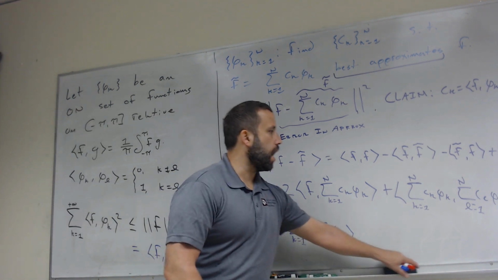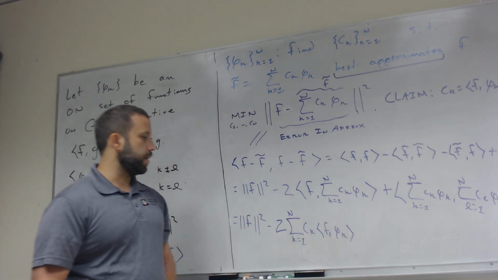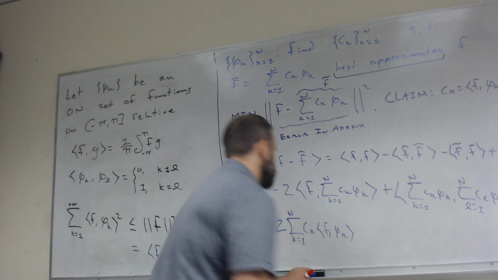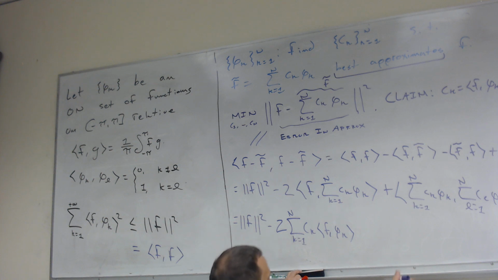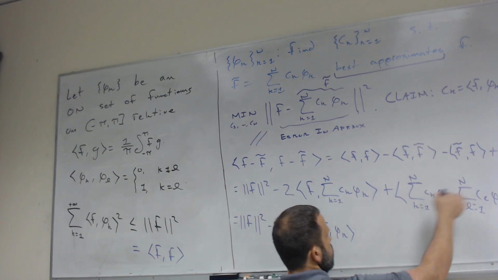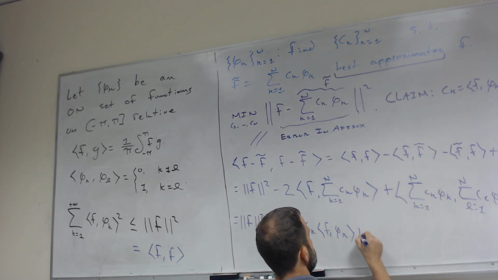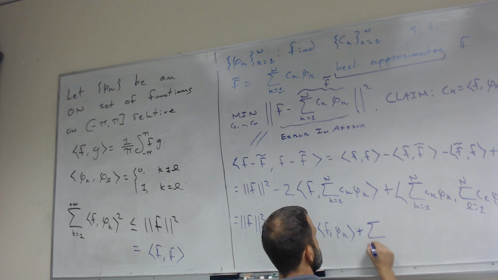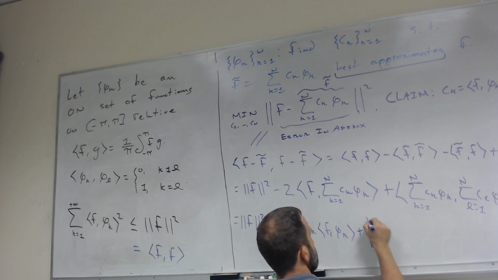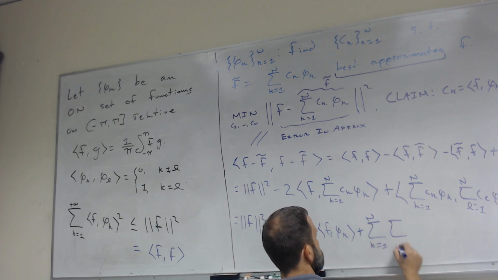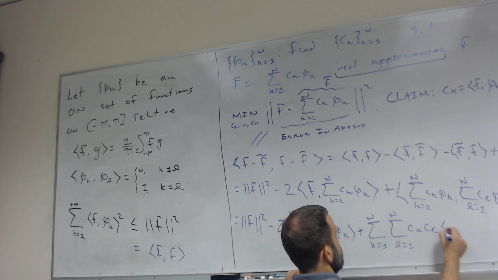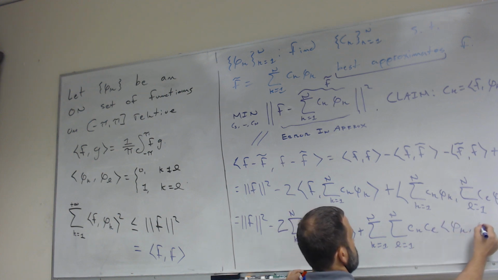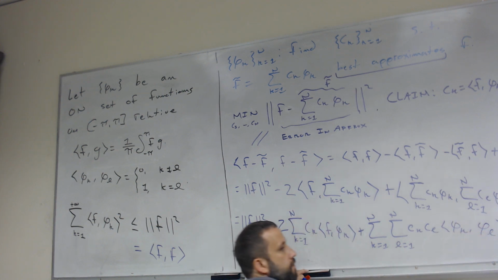Okay, and now we're about to get to the step where we can make our first real observation using orthogonality. We haven't used orthogonality yet. But what's going to happen over here? Well, again, it's linear in both of these, so I can pull both of the sums out. And so this is going to be equal to the sum k equals 1 to n, the sum l equals 1 to n, of ck cl, and then the inner product of phi k and phi l.